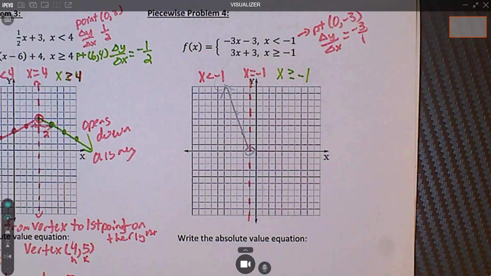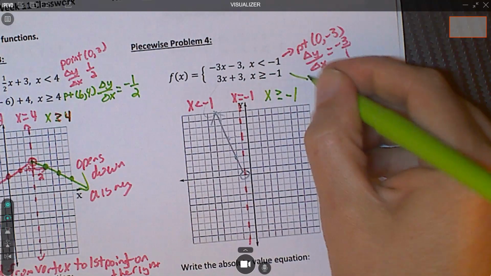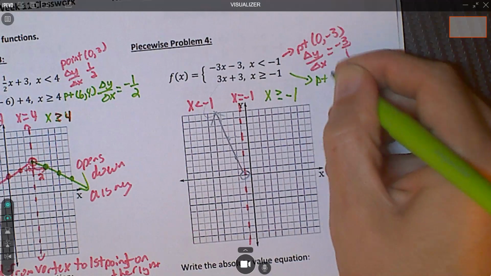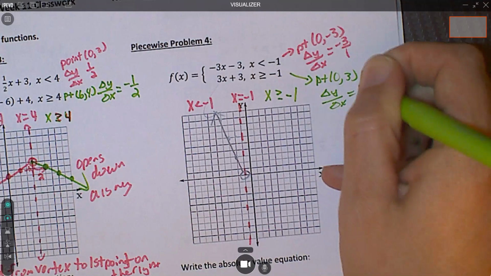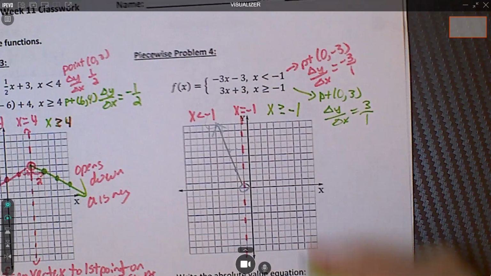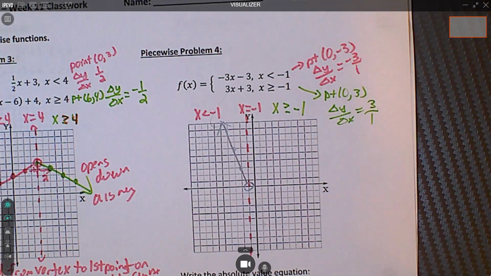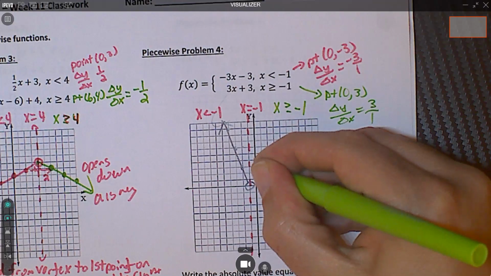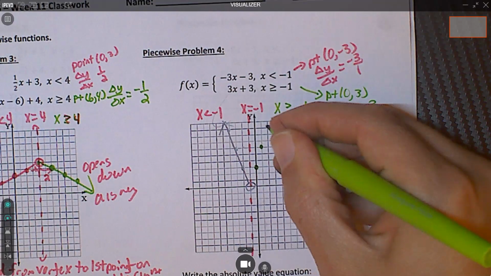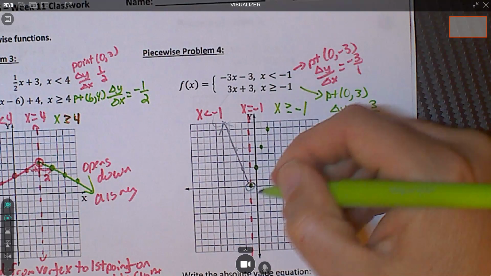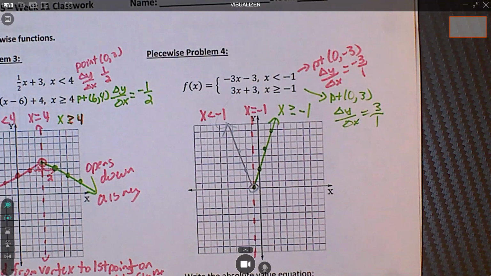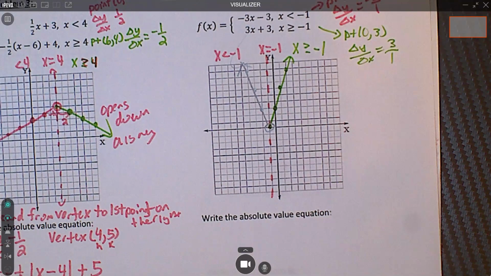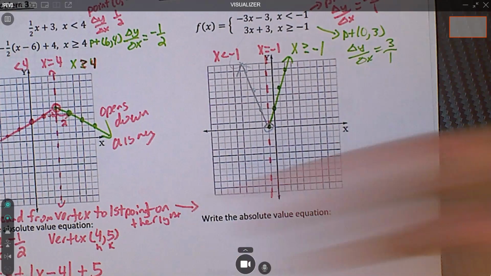Okay, now we're going to do, so again, actually that's in the zone. So we're going to go up 3, right 1, down 3, left 1. So follow that rule here.